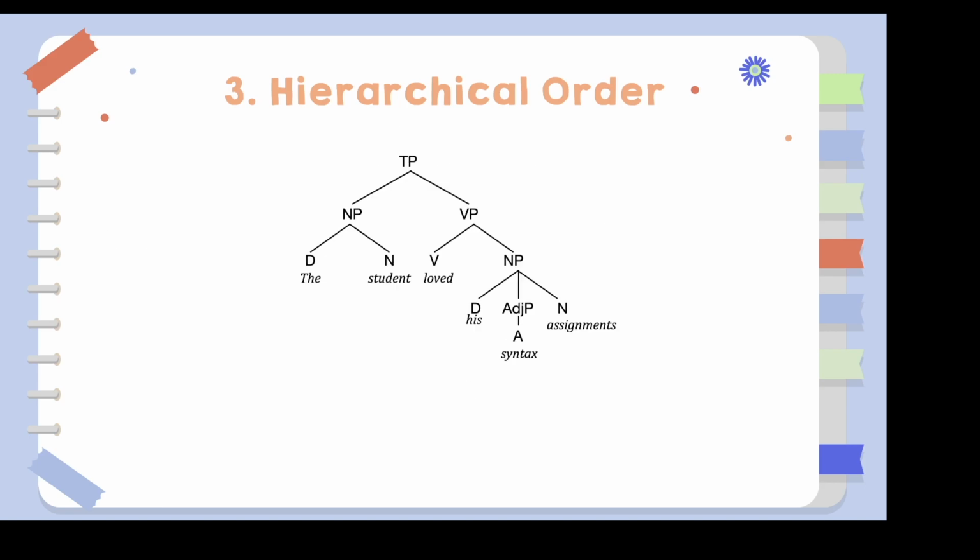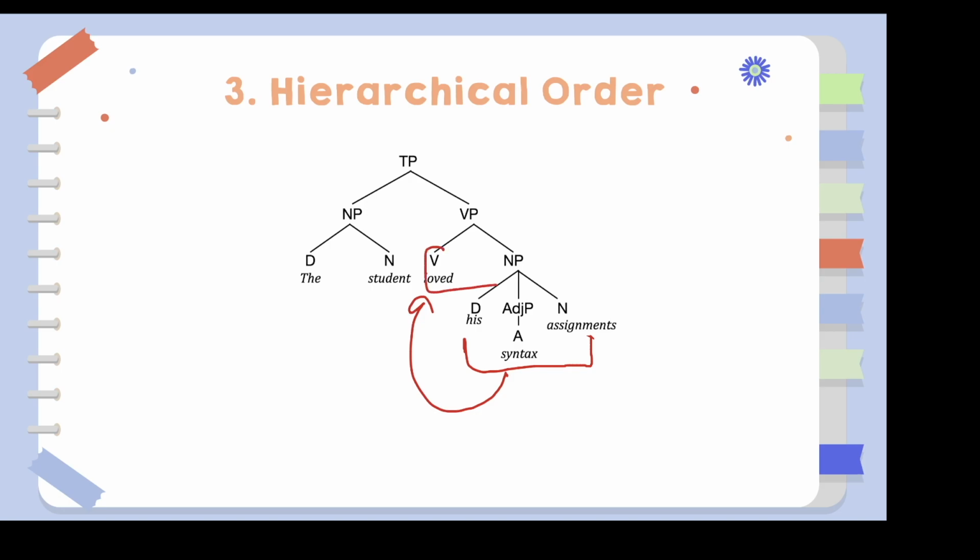So let me show you here. This is what we analyze by using hierarchical order. It will show you the hierarchy. In the sentence the student loved his syntax assignment, you will see that his syntax assignment is the smallest structure before it attaches with the verb loved to be the verb phrase.